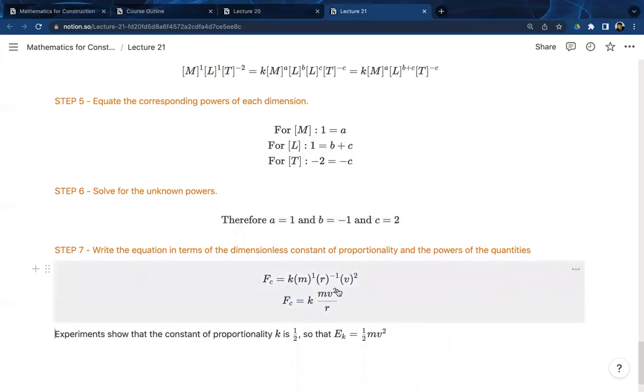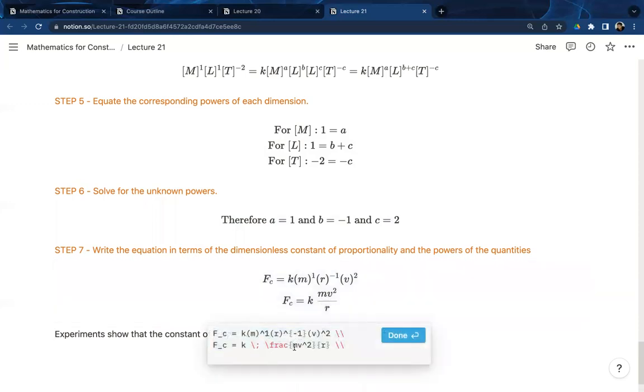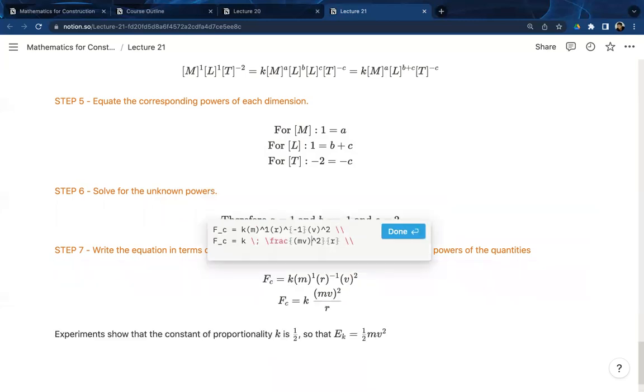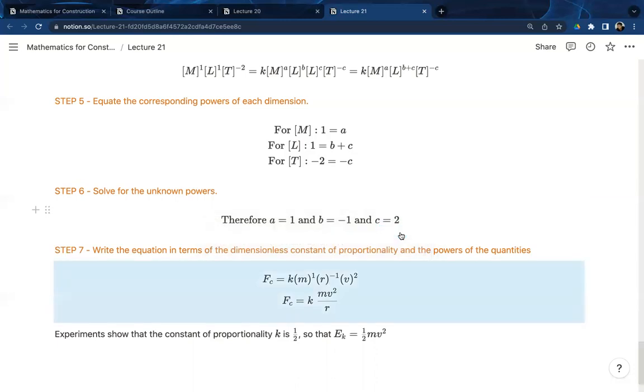When you write mv squared, the squared is just for the v. If it was mv all squared, you would probably write something like this. This is just normal mathematics I'm talking about here. If you want both the m and the v squared, you would write that, but that's not what we have. We just square the v, so we just put the m next to it.